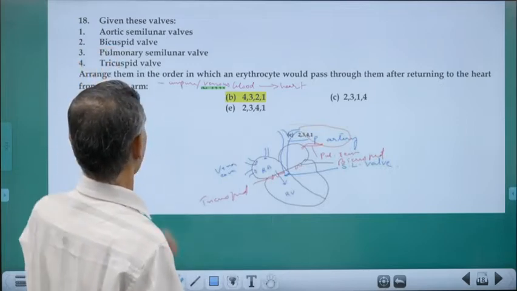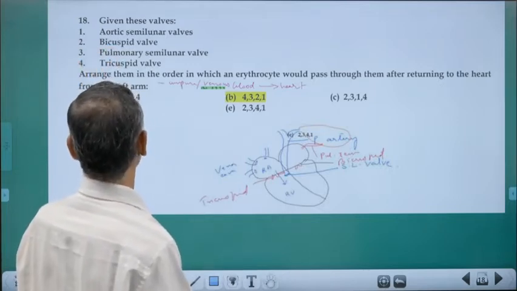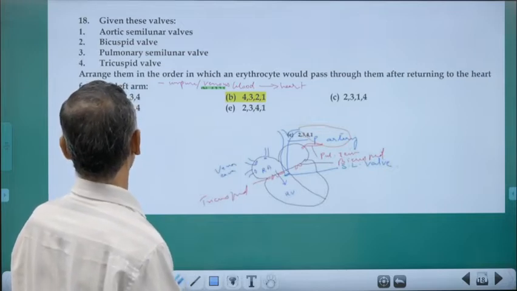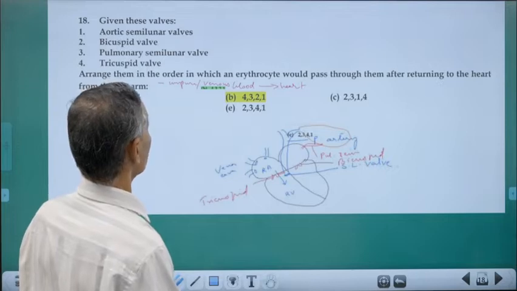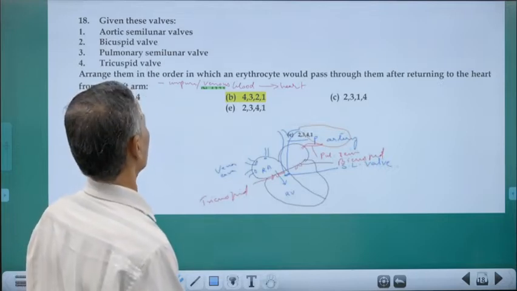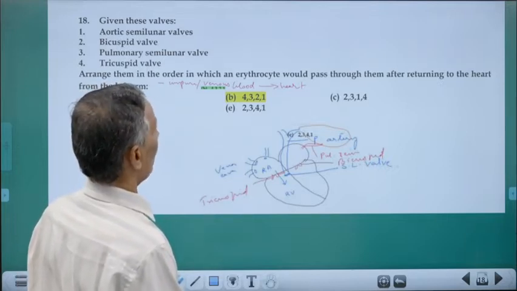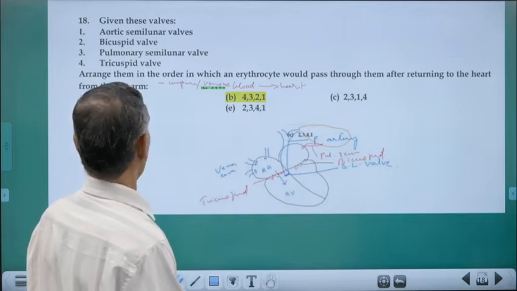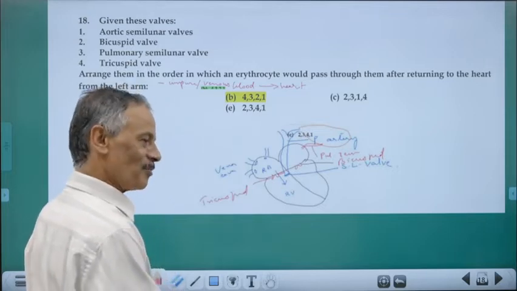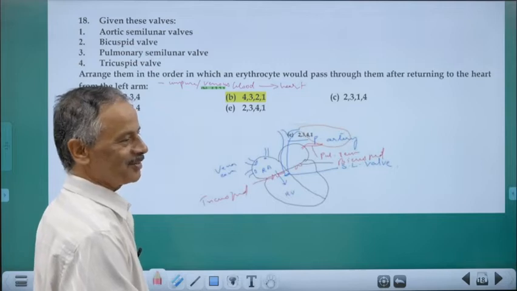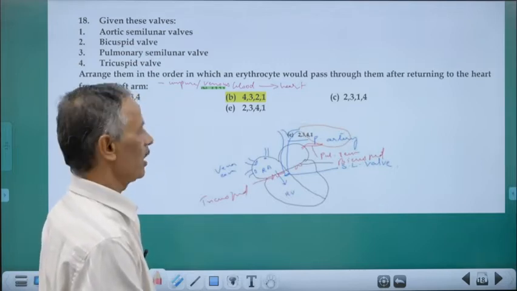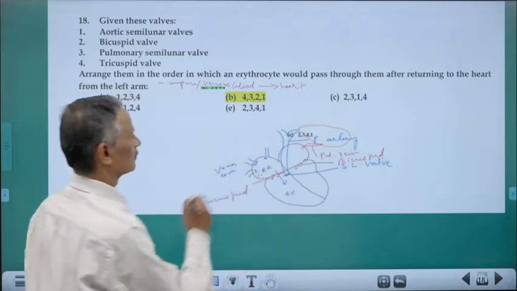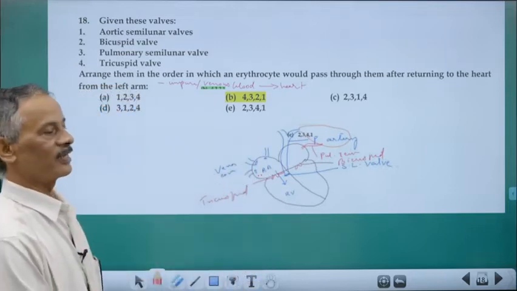Aortic semilunar valves, bicuspid valve, pulmonary semilunar valve, tricuspid valve. Now, arrange them in the order in which erythrocytes will pass, that is, blood cells will be passing through them after returning to the heart from the left arm. Whether it is coming from the left arm or right arm, don't get confused. All venous blood from other parts of the body is reaching the right atrium.